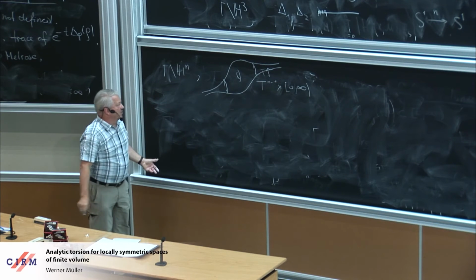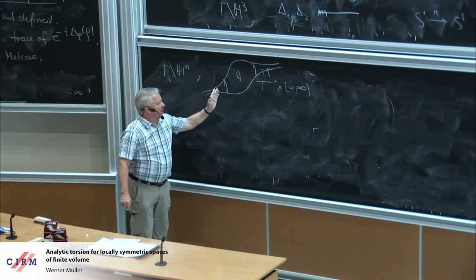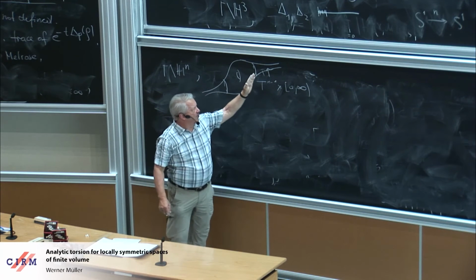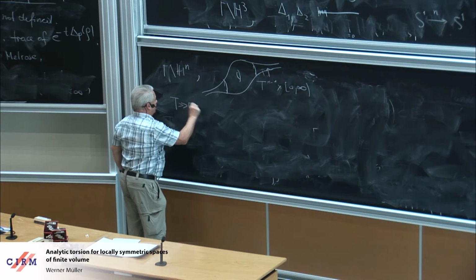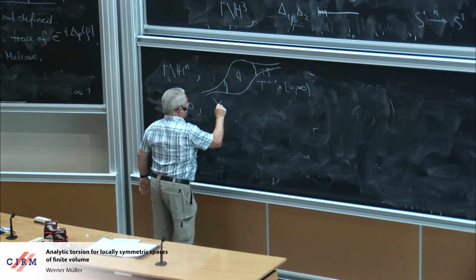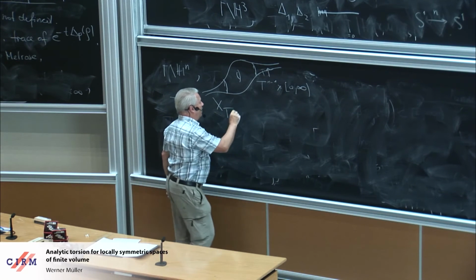And then what you do is truncate the manifold by cutting off the cusps at a certain level. So take T sufficiently large and truncate the manifold.